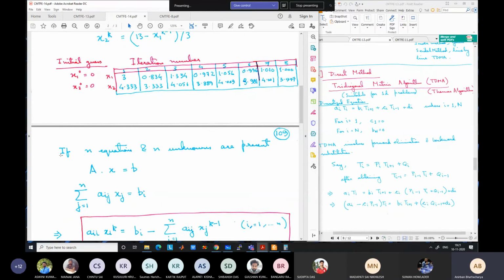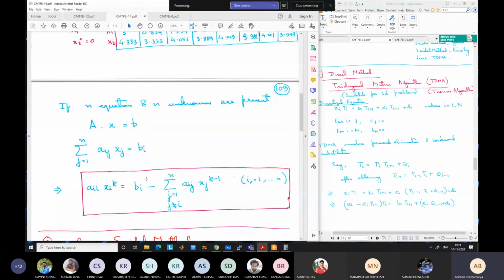If n equations and n unknowns are present, our equation is of the form A dot x equal to b, where A is the coefficient matrix n by n, x is a vector of length n, and b is a vector of length n. Okay, this can be written in ij form as summation of j.